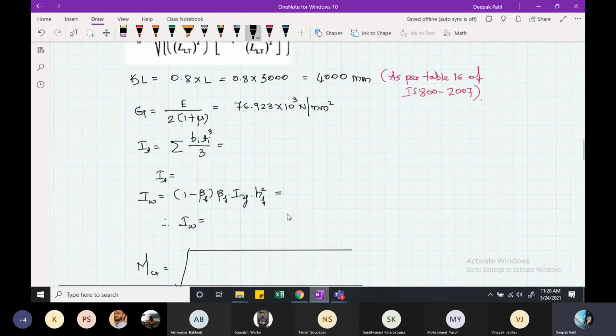Then regarding IT, that is the torsional constant, that is sum of bi ti cube divided by 3. I told you let us first calculate it for the flange.